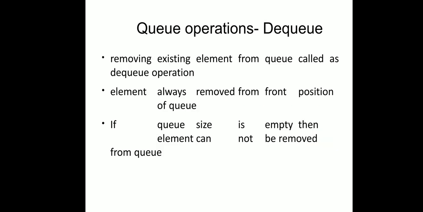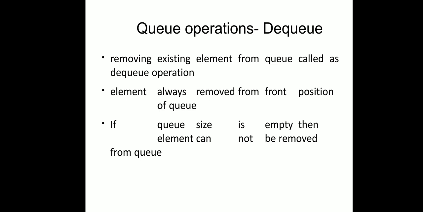The second operation with respect to queue is dequeue. Now what is dequeue? D means delete. Removing an existing element from a queue is called the dequeue operation. So if you want to remove an element from the queue, you can use the dequeue operation. And from which side is the element always removed? From the front side.